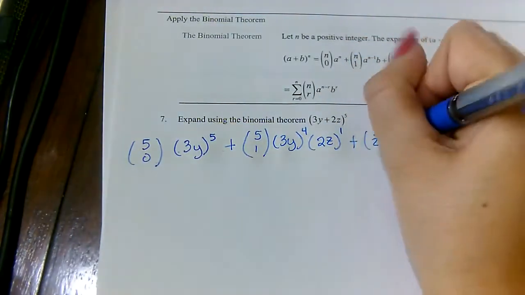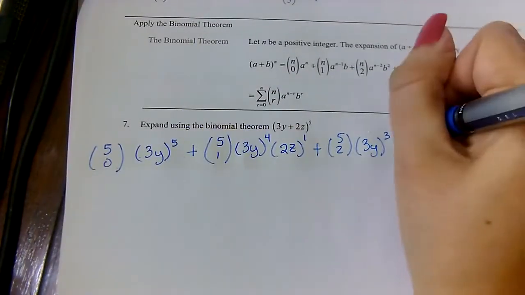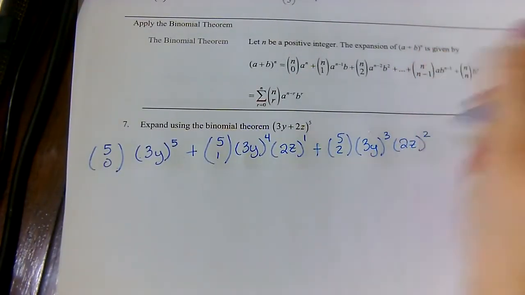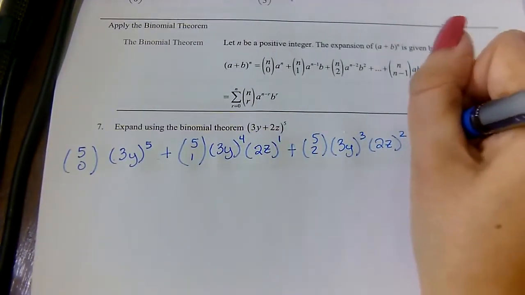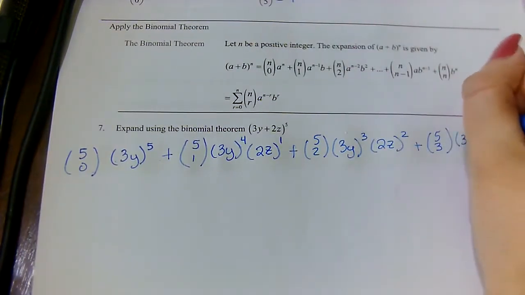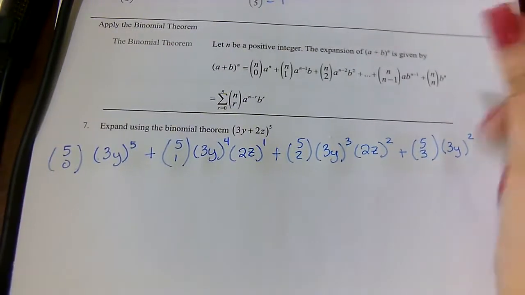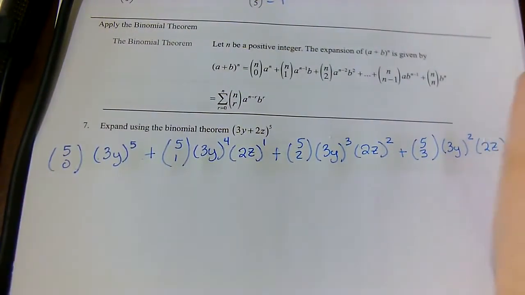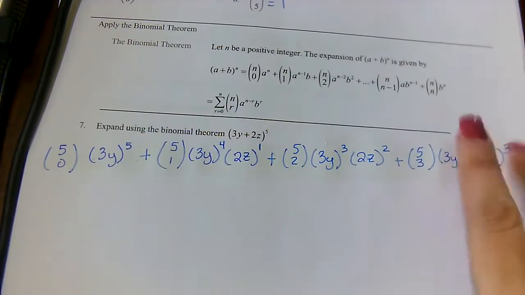We're going to have 3y to the 3rd power this time, and then 2z squared. Okay, add them up, you got your 5. Keep going, plus 5 choose 3, and then it will be 3y to the second, and then 2z to the 3rd, so we're going up to 3 here. Okay, still 5.